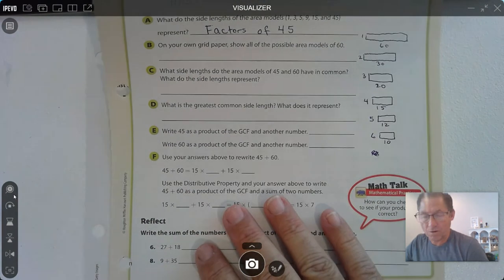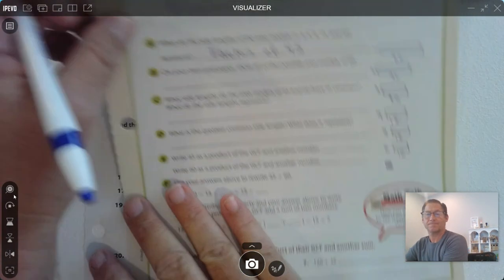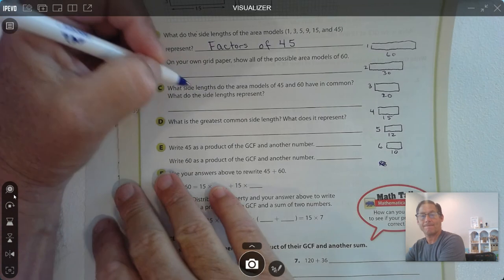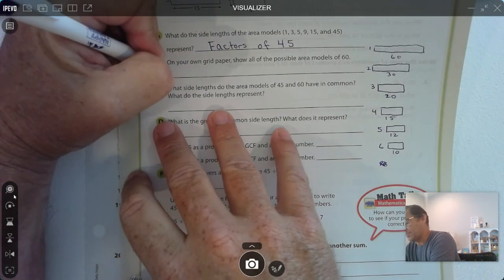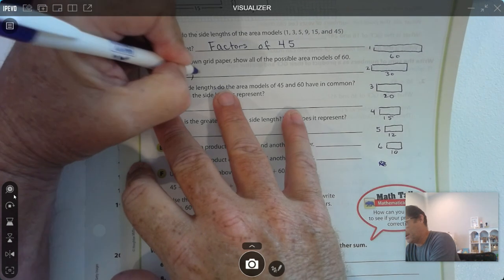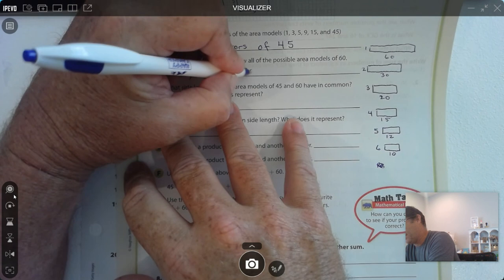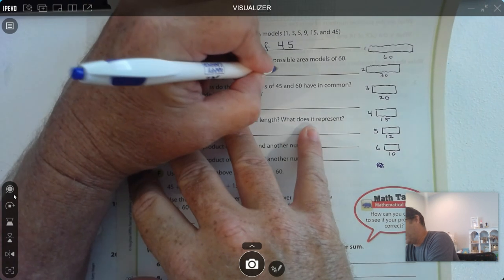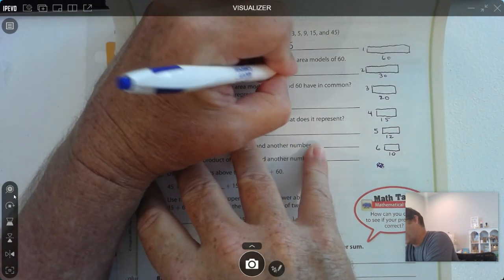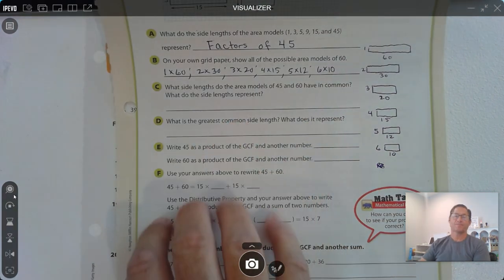But the factors don't change. So what are the factors of 60? 1 times 60, 2 times 30, 3 times 20, 4 times 15, 5 times 12, and 6 times 10.